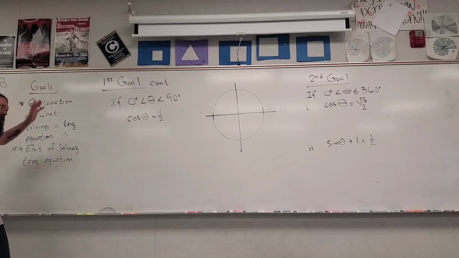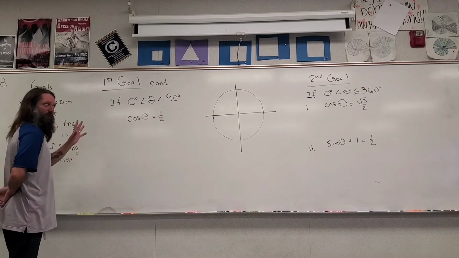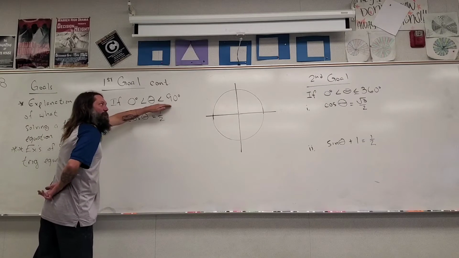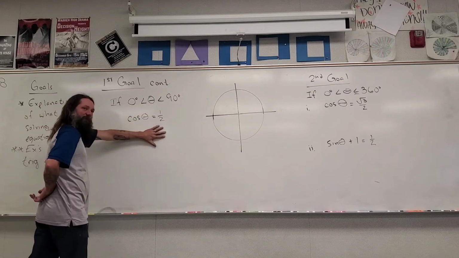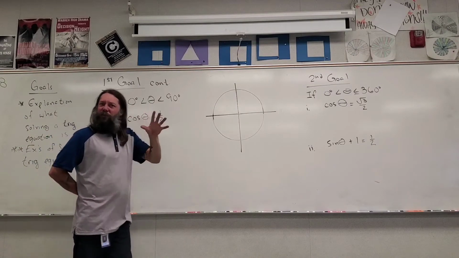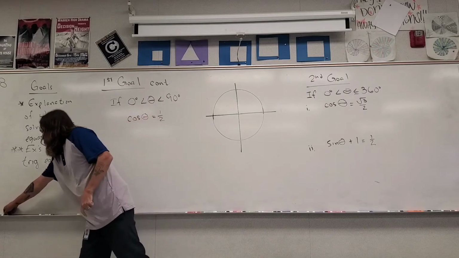And so I want to explain what we're actually doing with this. I've restricted where the answers can be, and I have a little equation. Let me translate this equation.